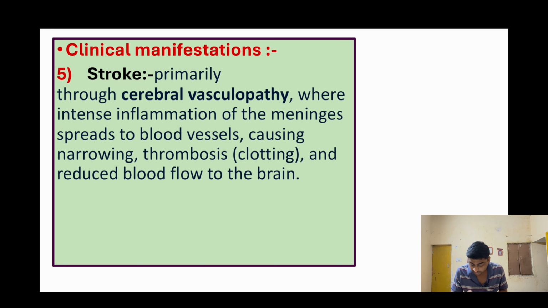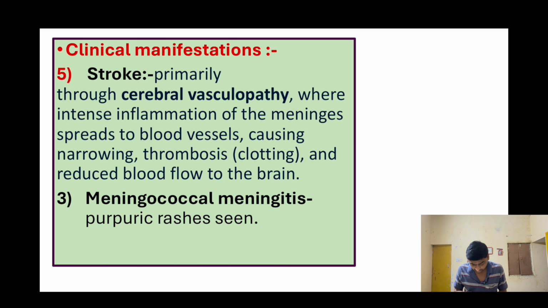There is an intense inflammation of the meninges which spreads to blood vessels, causing narrowing and thrombosis. It is clotting and reduced blood flow to the brain. Because of the reduced blood flow to the brain, there is decrease in oxygenation, hence it causes death of the patient.